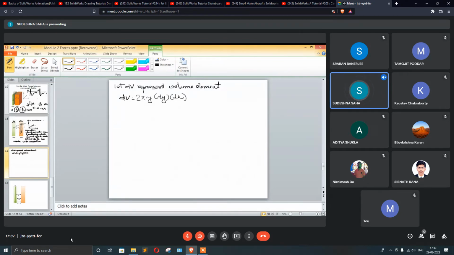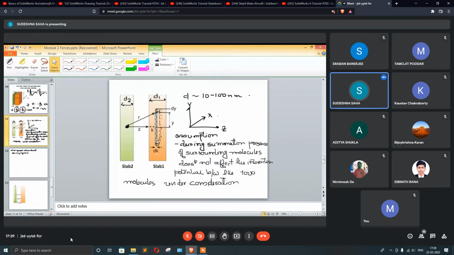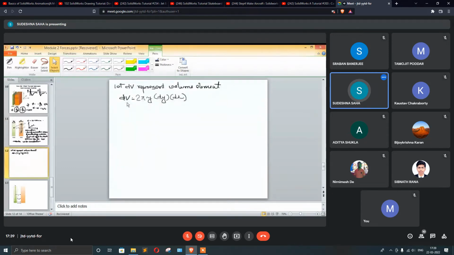Okay, so here we have the thickness of the circular ring, and this is basically this distance over here, that is L dy. So we can write the volume of that element as dV equals 2 pi y dy dk.